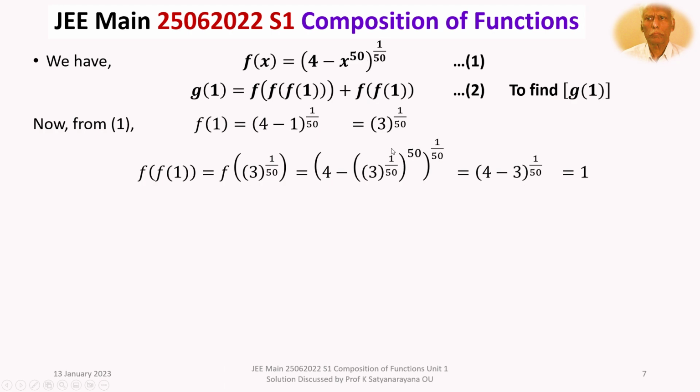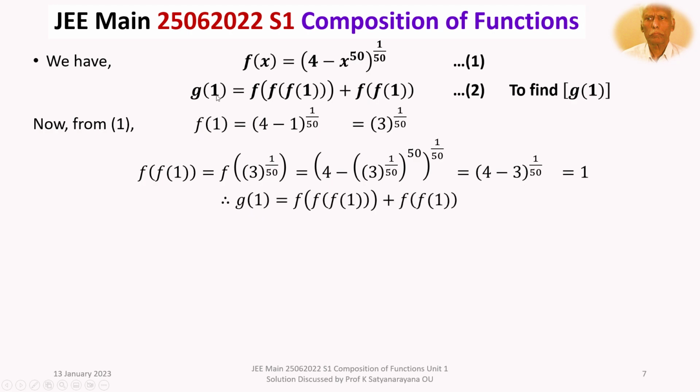Now 3 power 1 by 50 whole power 50, the 50 cancels, and it is 3 power 1, that is 3 only, and we will get 4 minus 3 whole to the power of 1 by 50, that is 1 power 1 by 50, that is 1 only. So we got this one, f of f of 1.